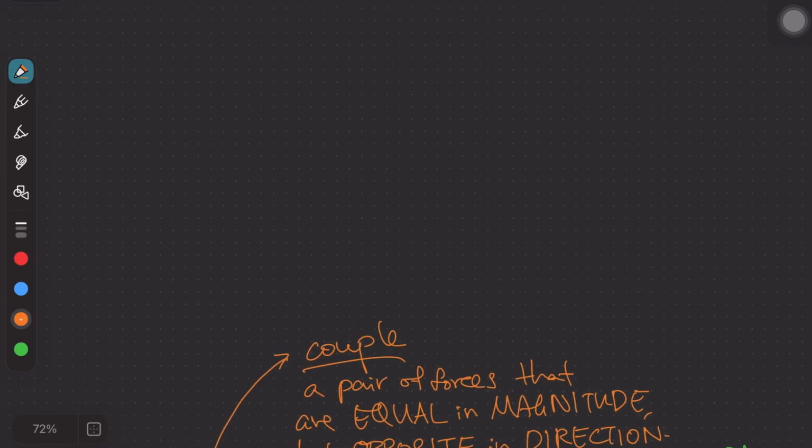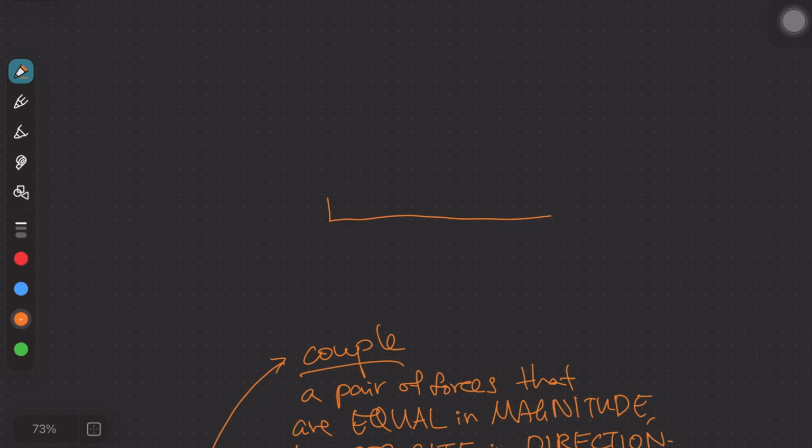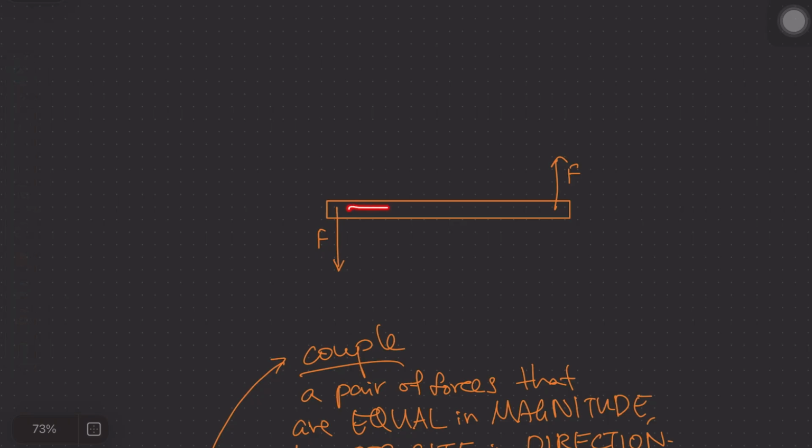The special thing about couples is that they only produce rotation but no translation. For example, if I have something like that, and let's say this is force F, this is force F as well, of magnitude F, I can take moment about any point on this.